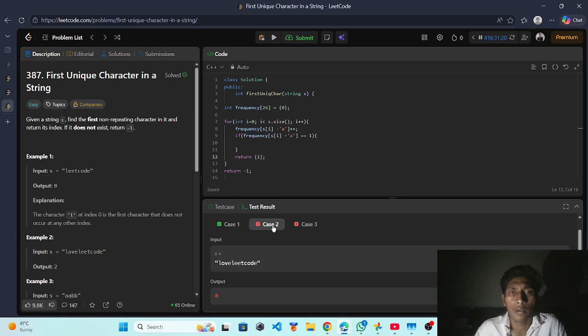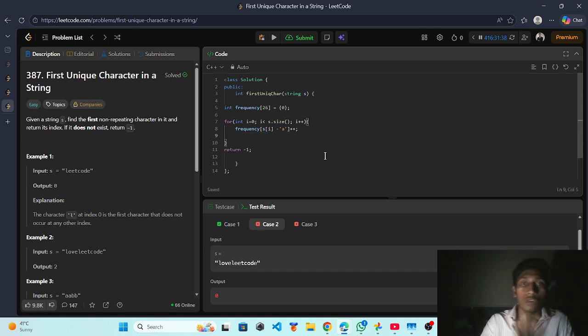Here is one problem. We have to remove this line from here, because it will return i as soon as it sees the first letter.